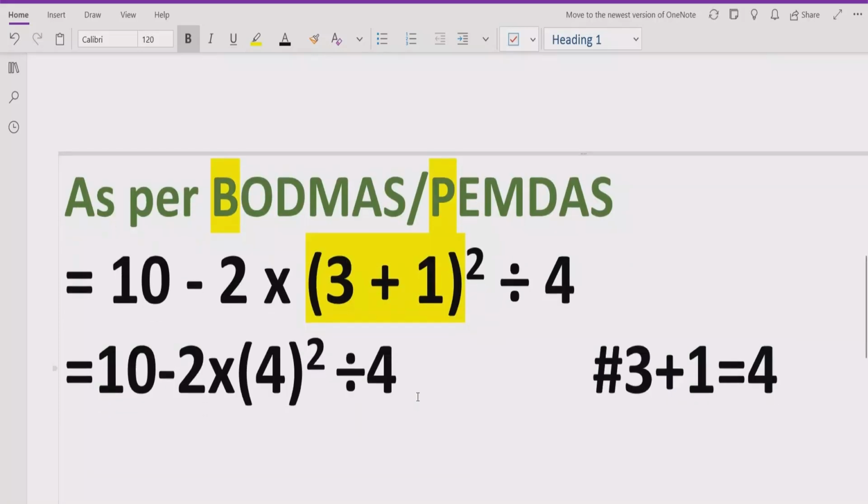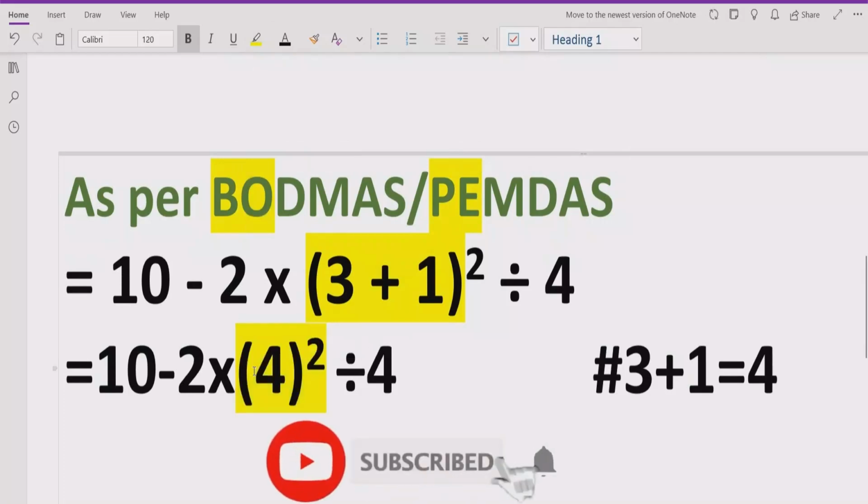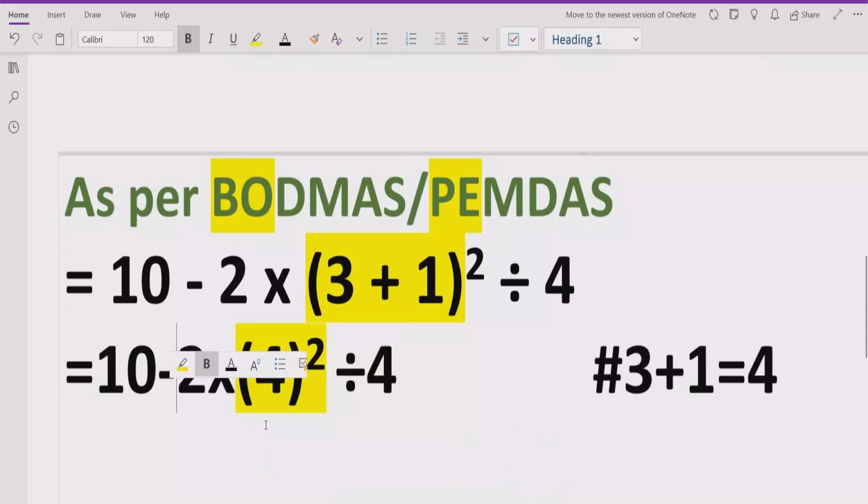Now move forward. Step number 1 we have solved. Now for step number 2, we have to solve the exponent part, or order of operation. So here we have 4 raised to power 2. Now we have to solve this one, not multiplication, not division, not subtraction. After the bracket, we have to solve the exponent part.